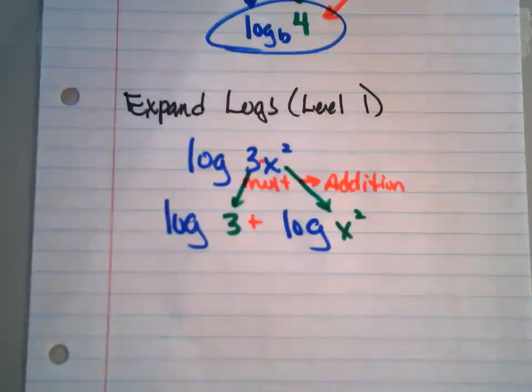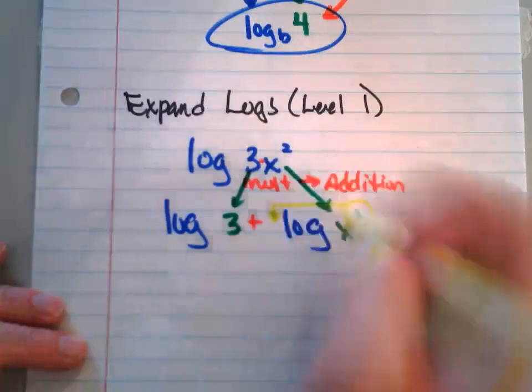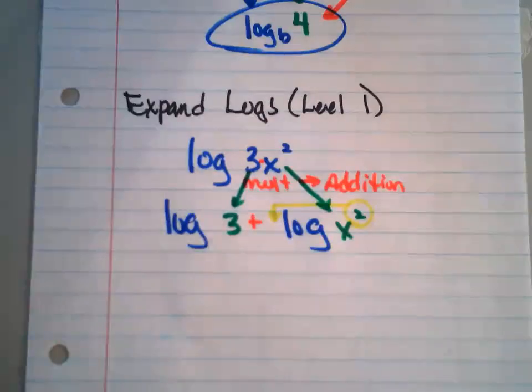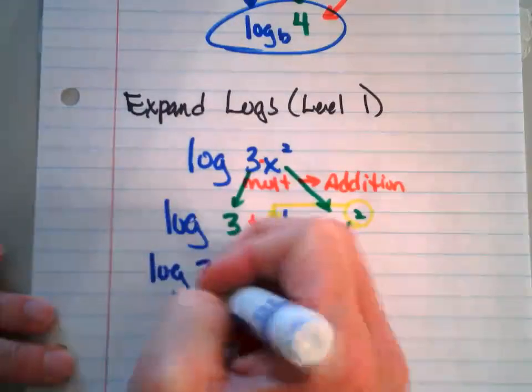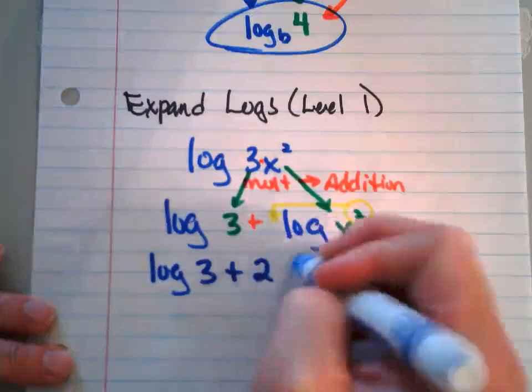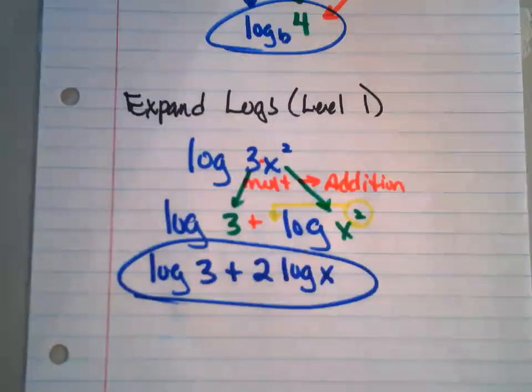Now, is there anything else we can do? You have any exponents? Well, we sure do. So therefore, that exponent is going to become the coefficient. So to wrap this up, we get log 3 plus 2 log x. And that's the expansion of that logarithm.